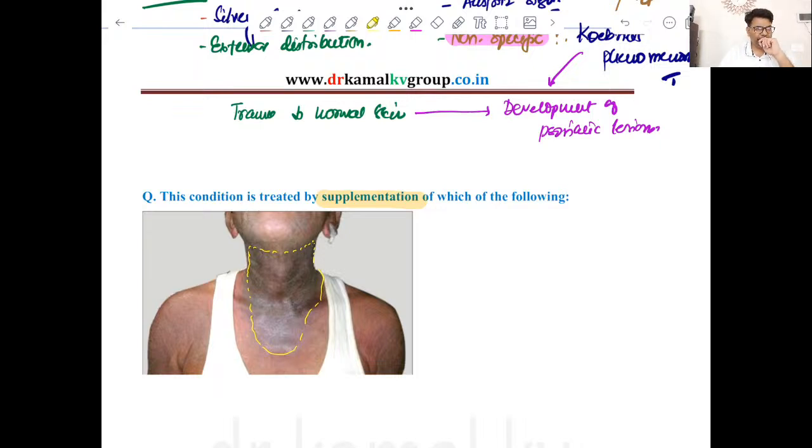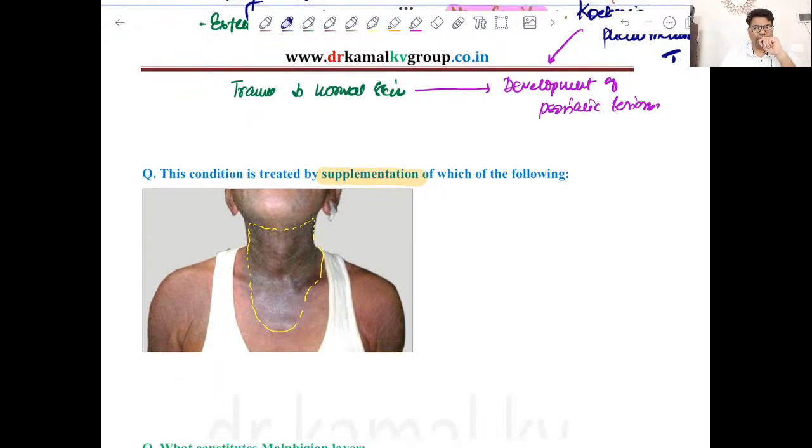See, this is the typical Casal's necklace. Yes, Arush, perfect. So this is a case of Pellagra.